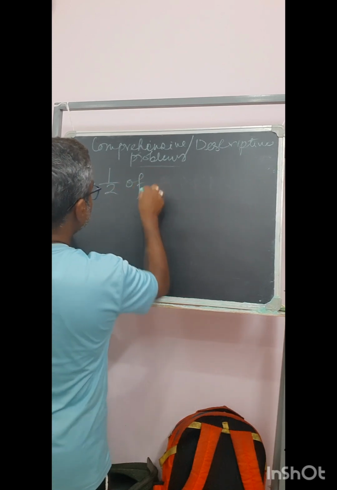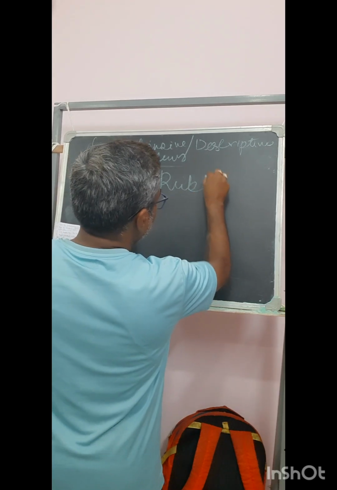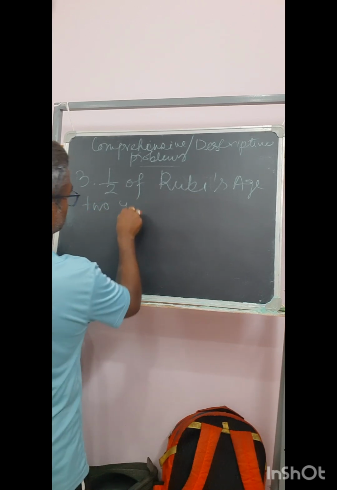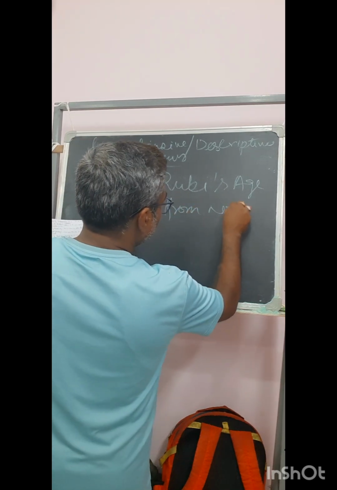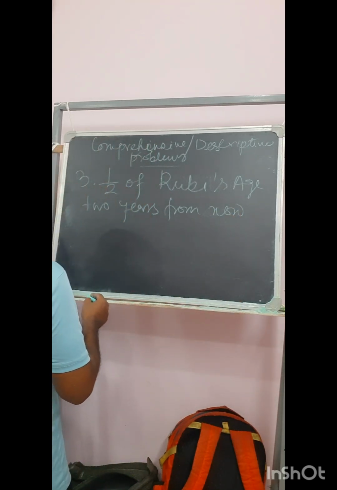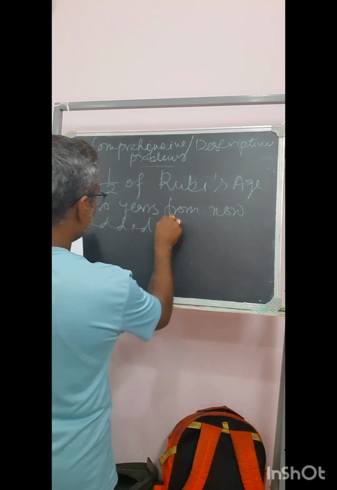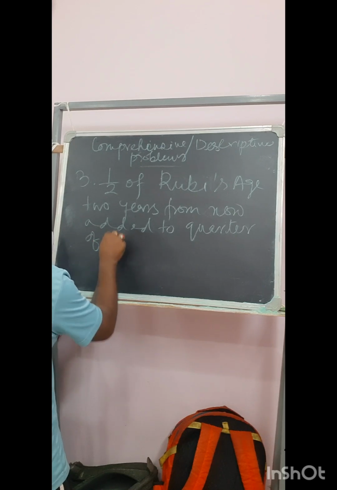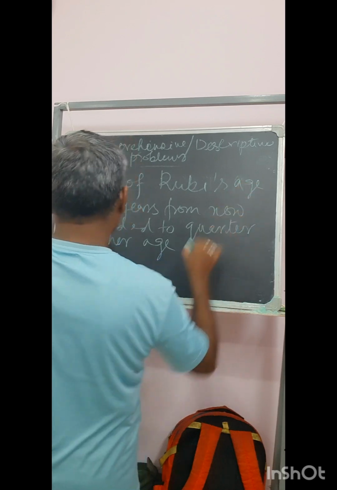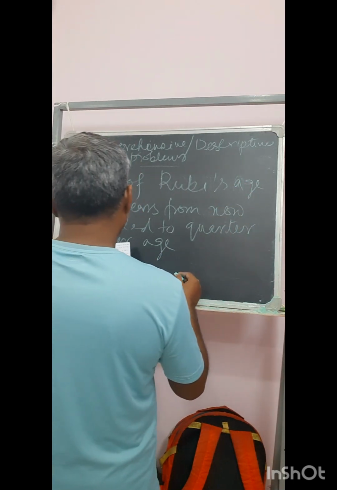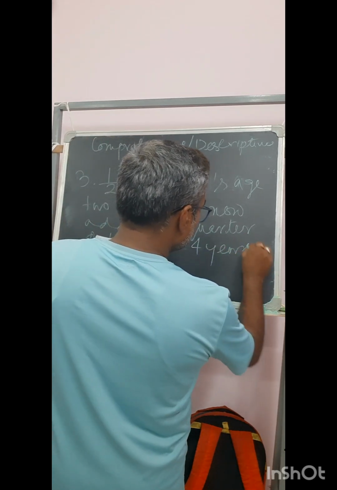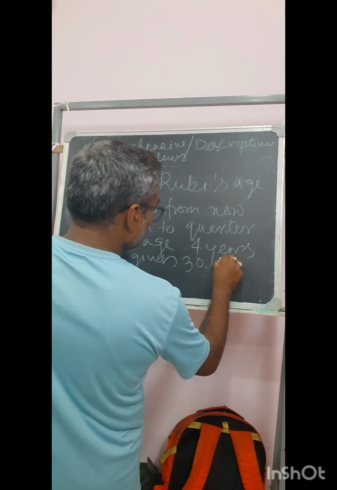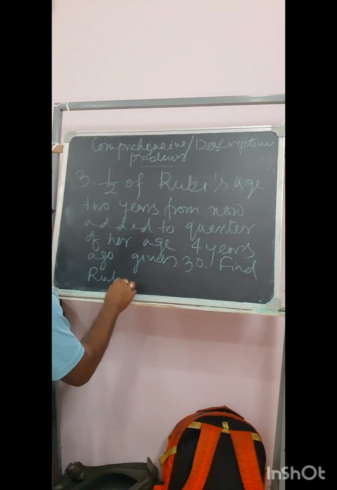Half of Ruby's age two years from now, added to a quarter of her age four years ago, gives 30. Find Ruby's age.